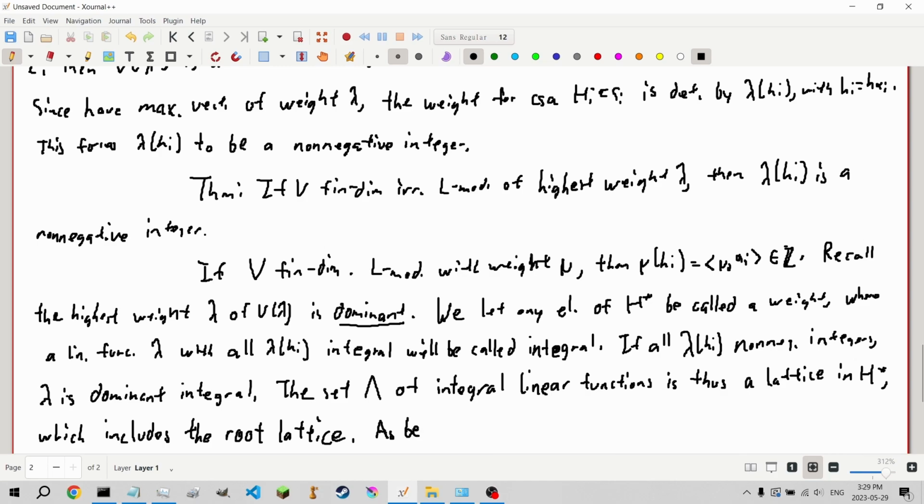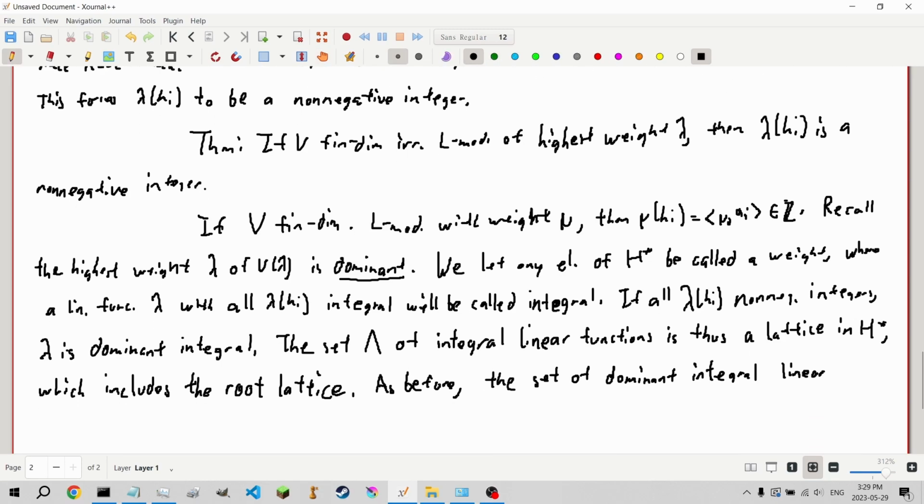As before, the set of dominant integral linear functions is denoted lambda plus.